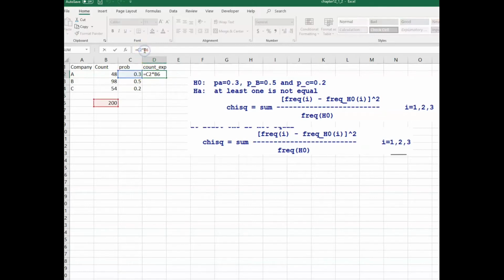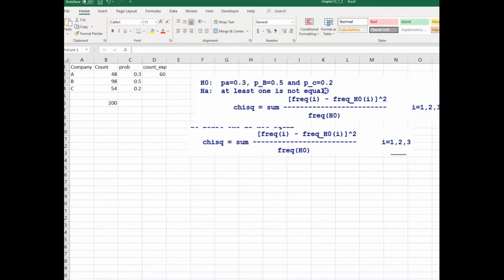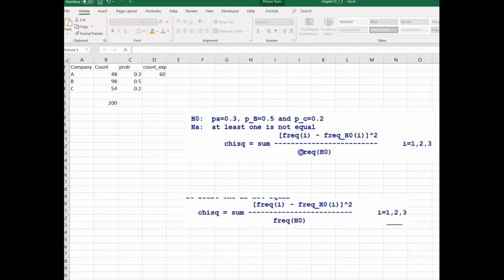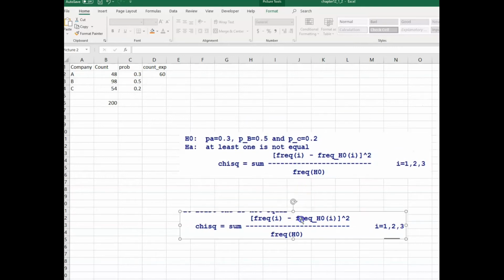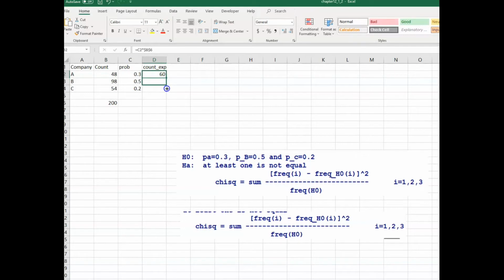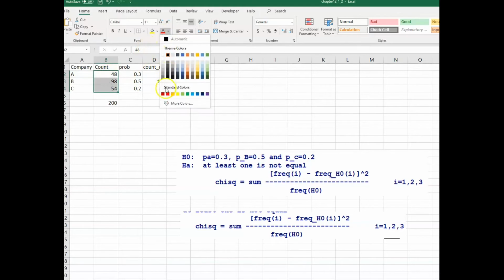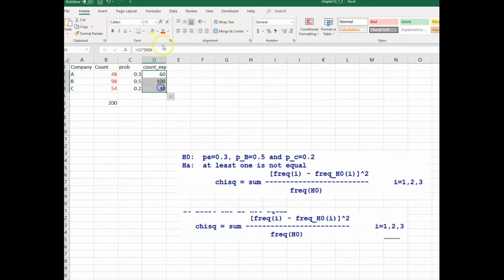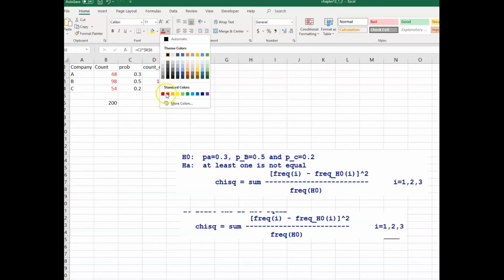Okay, before we copy paste, we hit F4 to lock our result. Okay, put this down. So this one down. Okay, and similarly we can get all the other results. Okay, and so this is our observed, and so this is our expected.